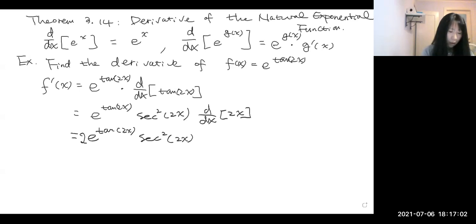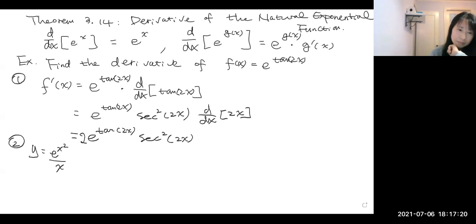Okay, how about the second one? Number 2. What is y equal to e to the x squared over x? How do we do this? Y prime? What to do? Quotient rule.